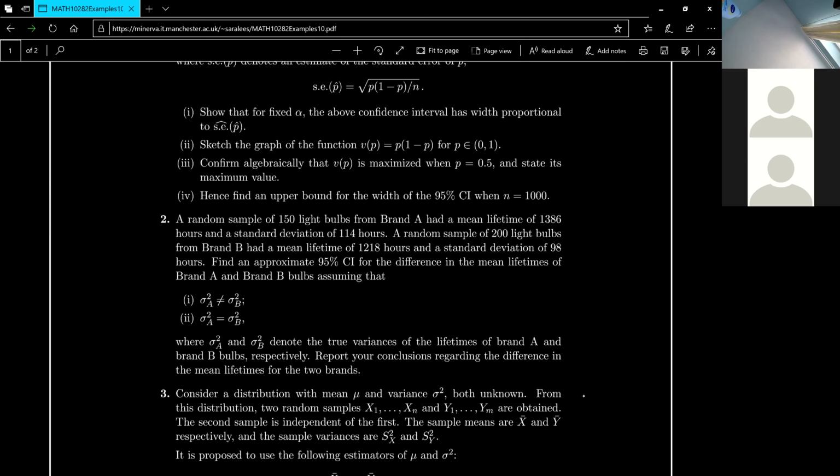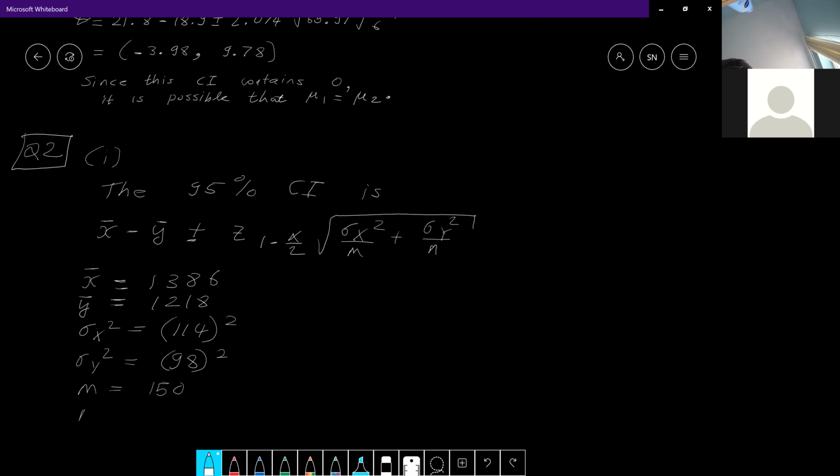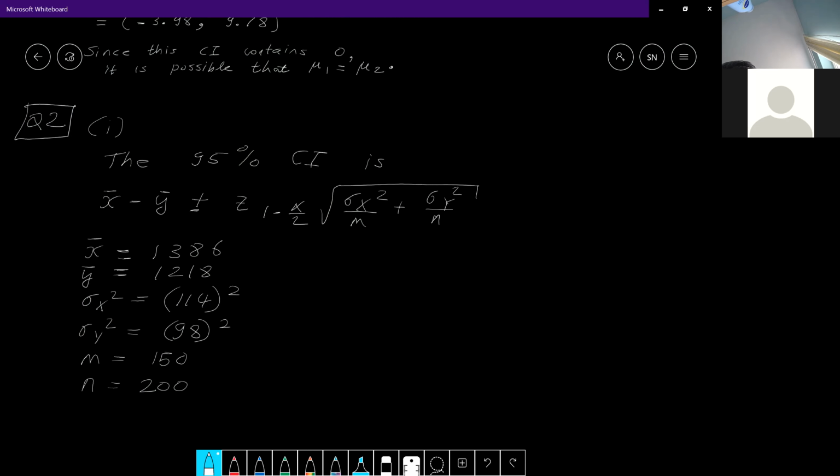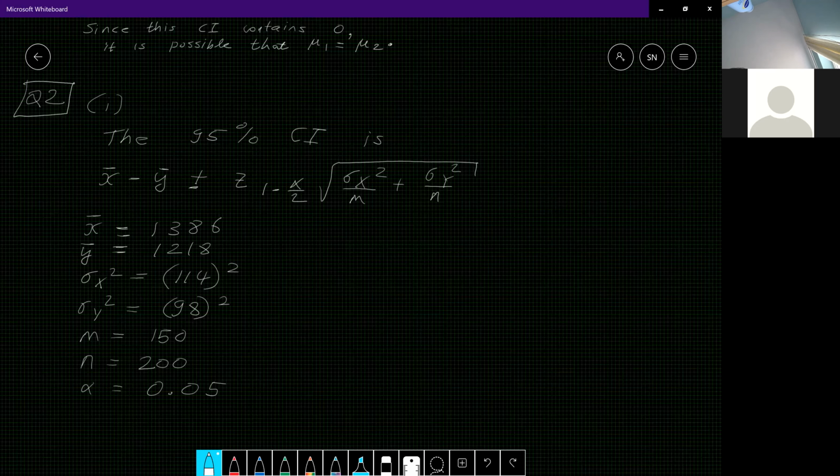And sigma y squared is similarly 98 squared. M is the first sample size, which is 150, and N is 200. So these are all the data that's given to you, all right? And alpha is 0.05, since the confidence level is 95%.